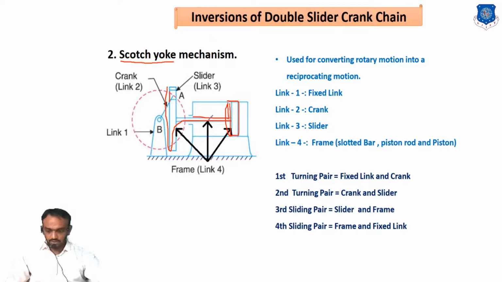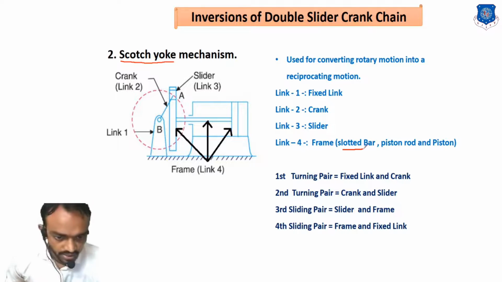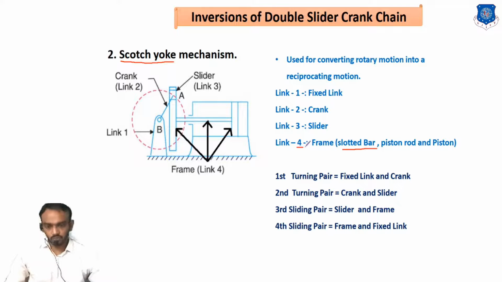This totally will be considered as the frame and link number 4, because these three elements reciprocate together. We consider all three elements as one link, because there is no relative motion between them.